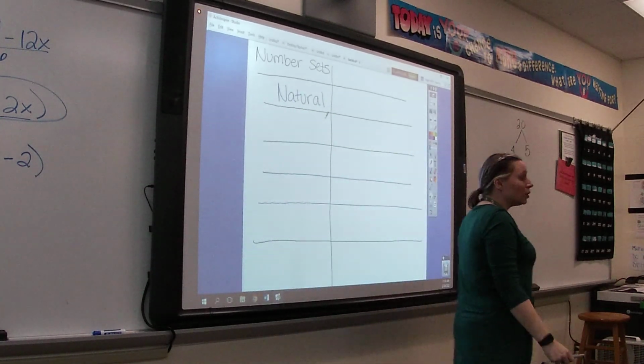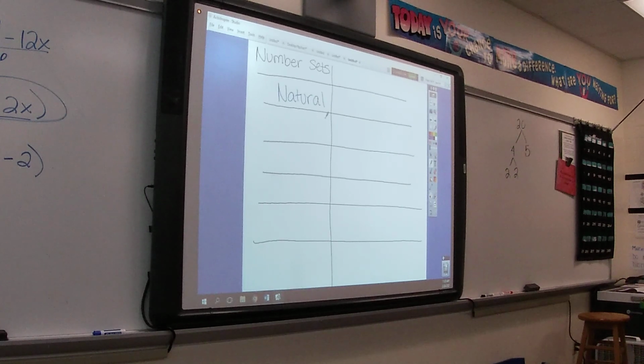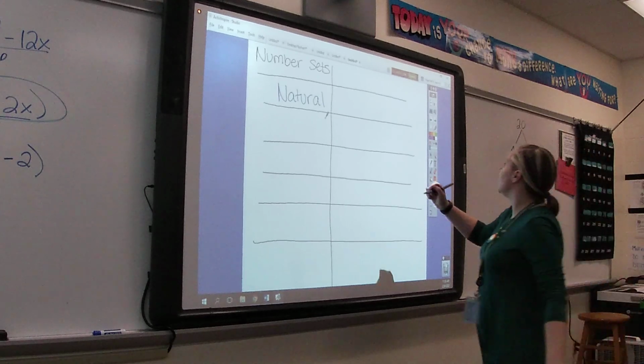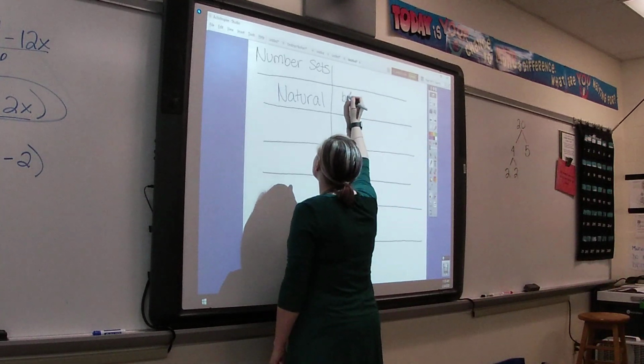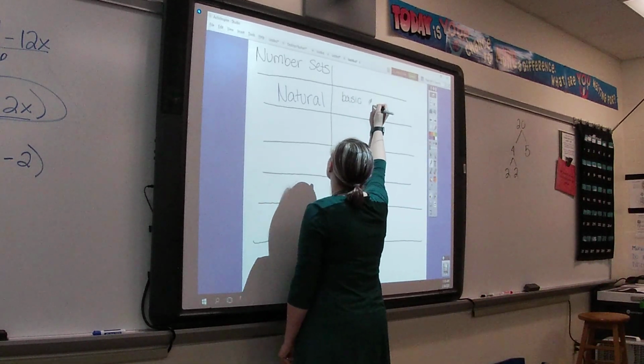are our natural numbers. On the top, when we look at our natural numbers, we want to flip open this flap. And underneath natural numbers, we are going to put that it is our basic counting numbers.